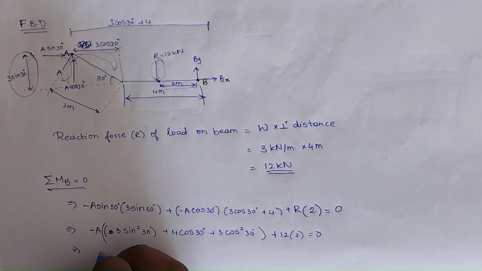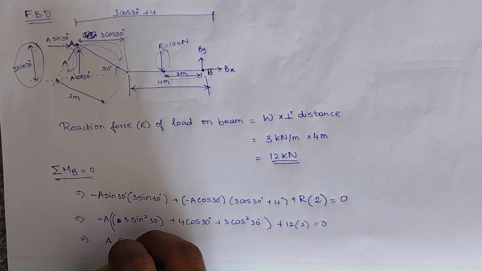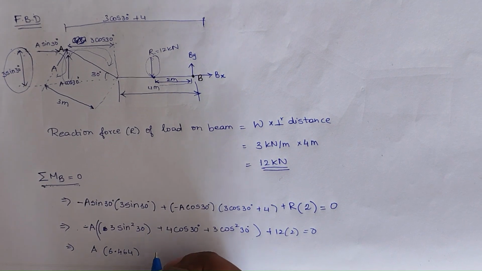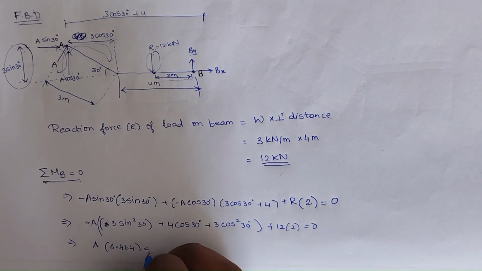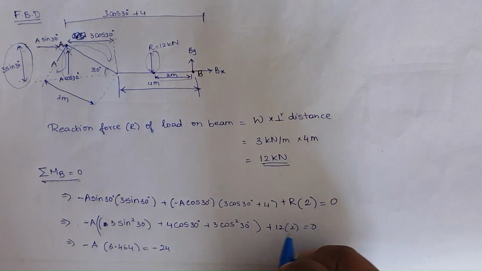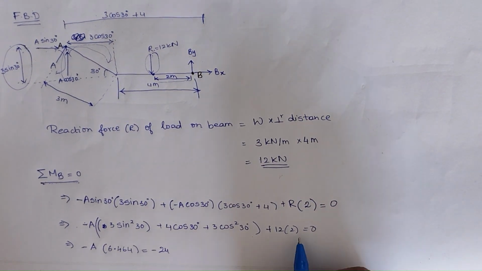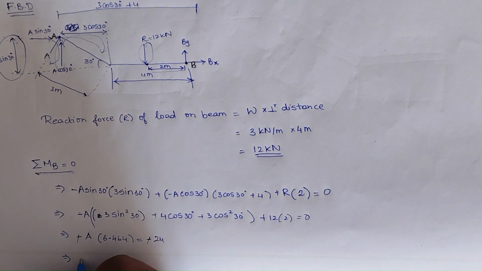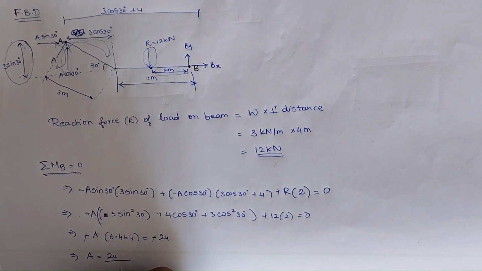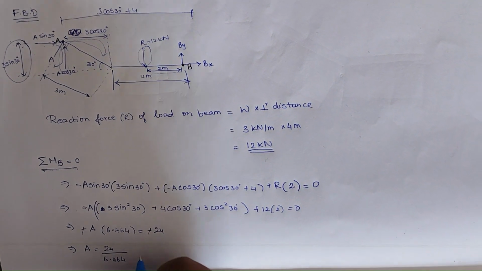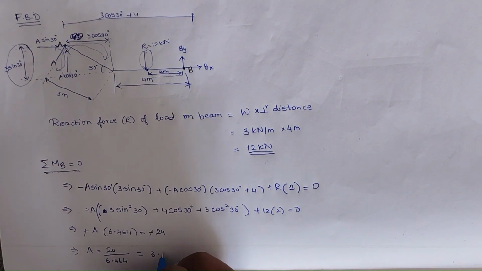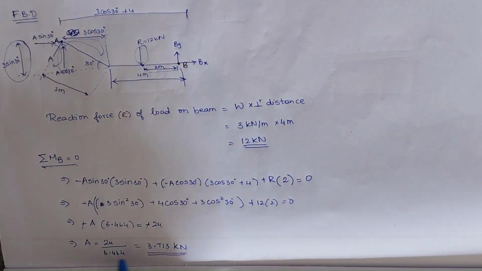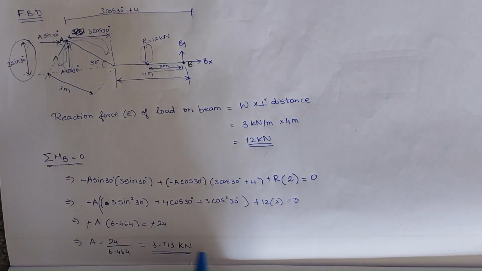So this will be A into 6.464, that's equal to minus 24. As 12 into 2 is 24, it goes to the right side, then it will become negative. Now the negative sign on each side will be cancelled, so A will be 24 by 6.464. This gives you 3.713 kilonewton. So now we have attained the reaction at the roller A point.